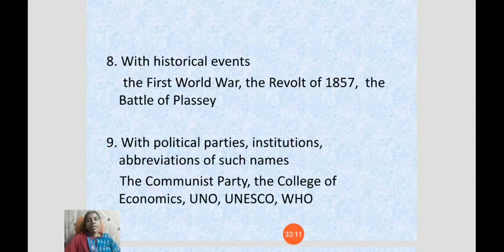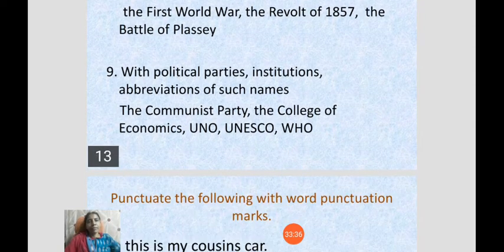When you are writing the abbreviations for something, you need to write in capital. United Nations Organization, UNESCO, WHO. Not only this, any abbreviations like MBBS, LLB. So there we use capital letters.